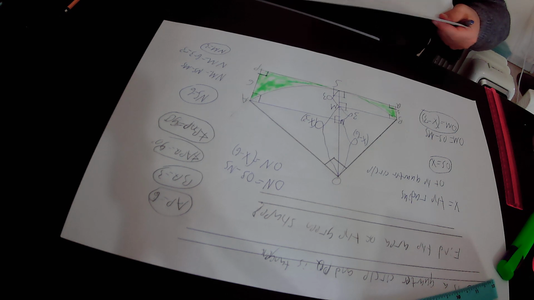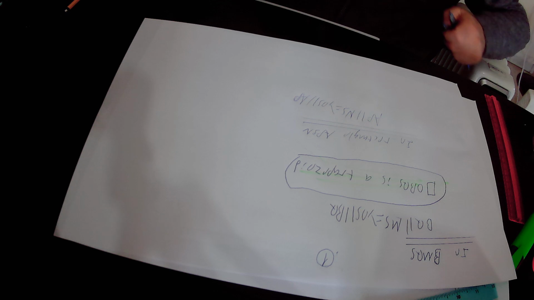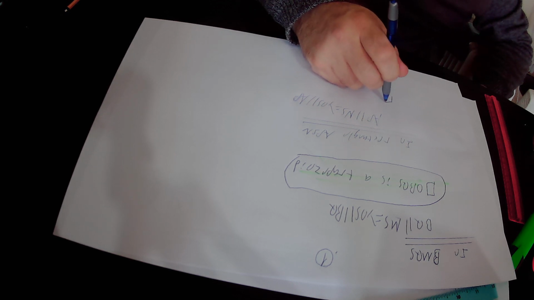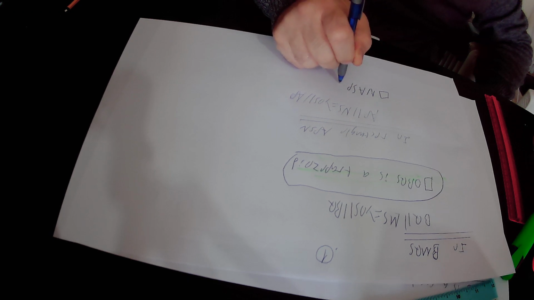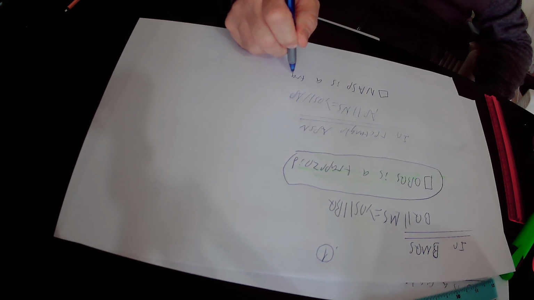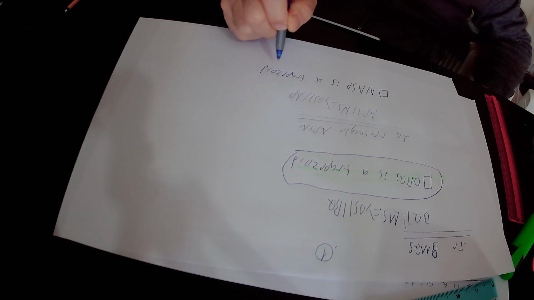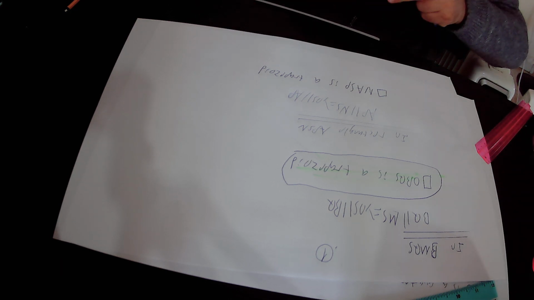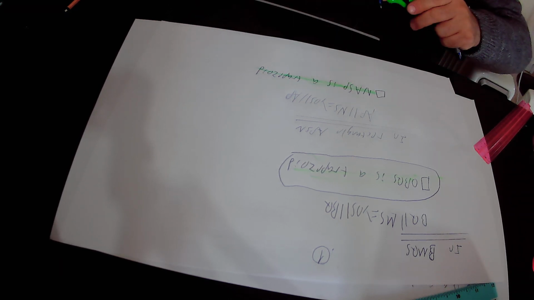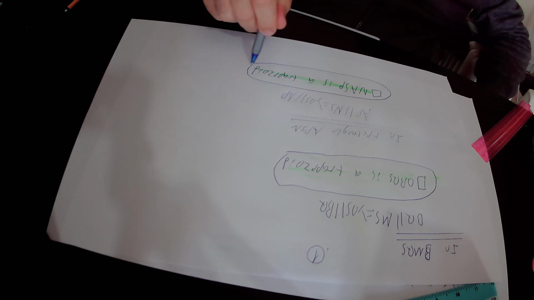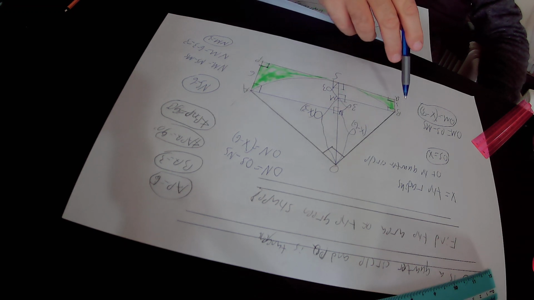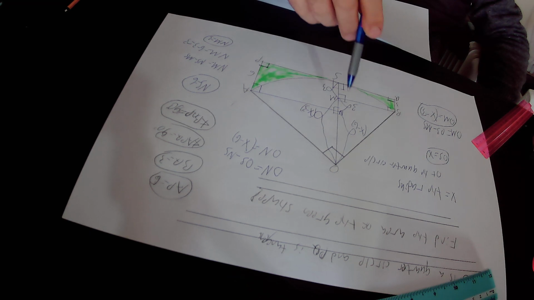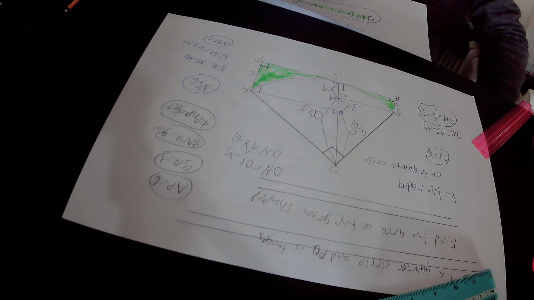We already found out that quadrilateral OBSQ is a trapezoid, and quadrilateral OSPA is also a trapezoid. Okay.